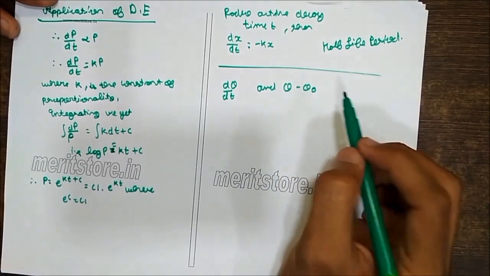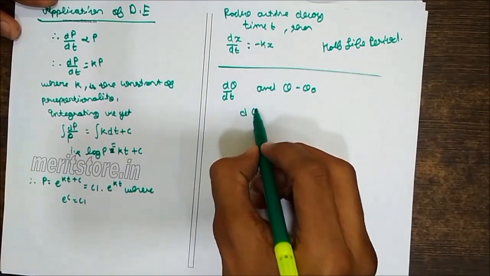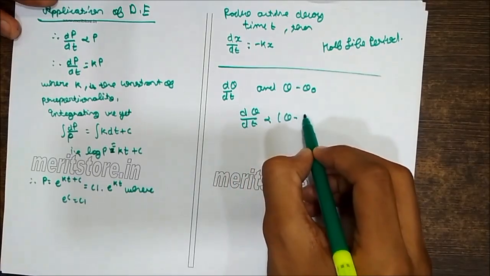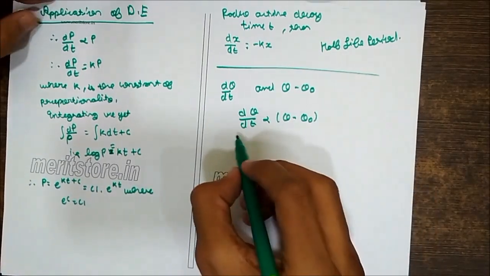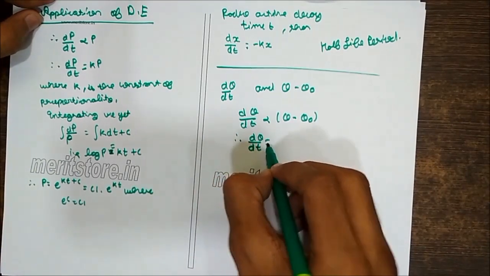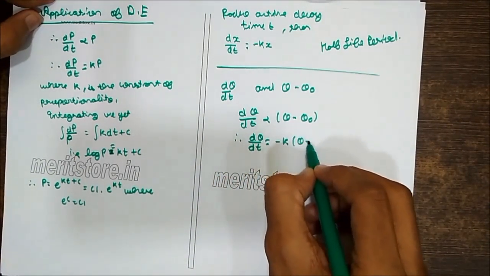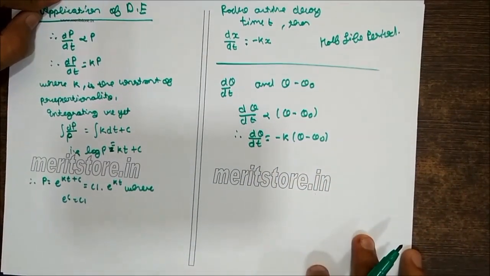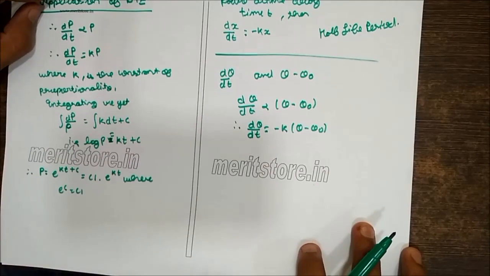According to Newton's law of cooling, d theta by dt is proportional to theta minus theta 0. Therefore d theta upon dt is equal to minus k (theta minus theta 0), where k is the constant of proportionality and the negative sign indicates that the difference of temperature is decreasing.